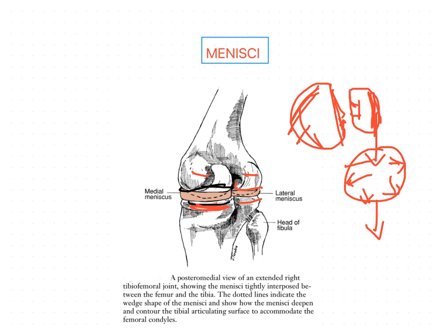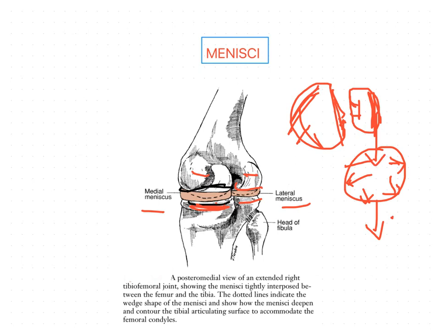The menisci also play an important part in distributing weight-bearing forces and in reducing friction between joint segments. Each meniscus has multiple attachments to surrounding structures, and some are common to both the medial meniscus and the lateral meniscus, and some are unique to each.